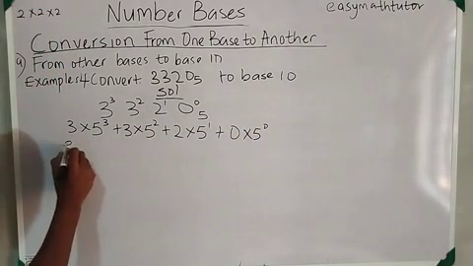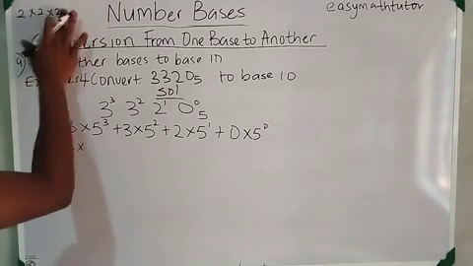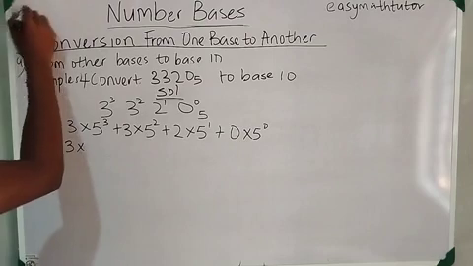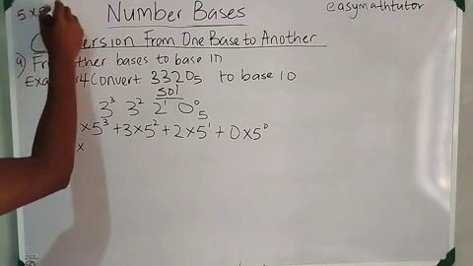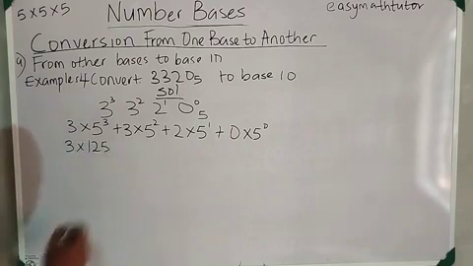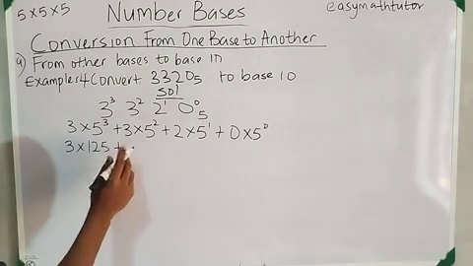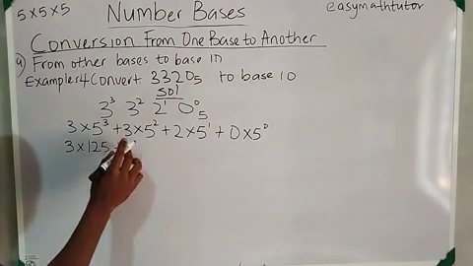This gives me 3 times 5 raised to power 3, which is the same thing as 5 times 5 times 5, which is 125. Plus 5 raised to power 2 is 5 times 5, which is 25.